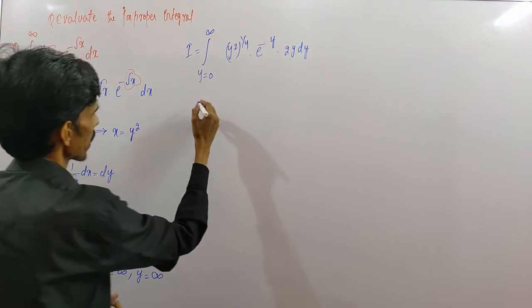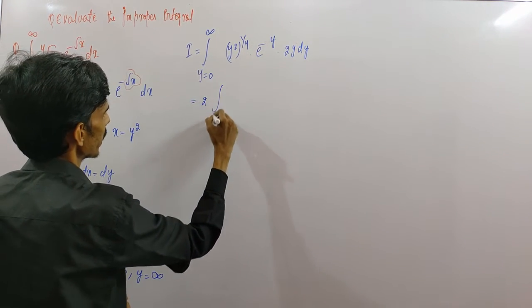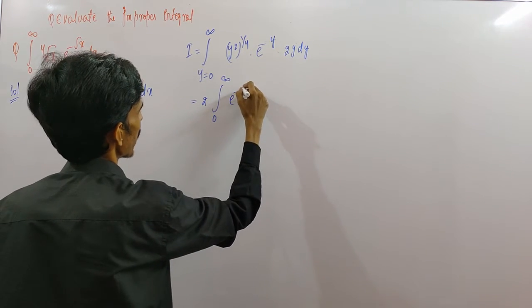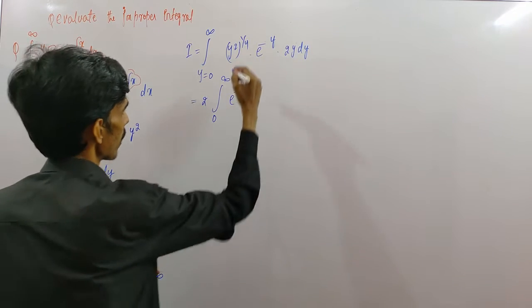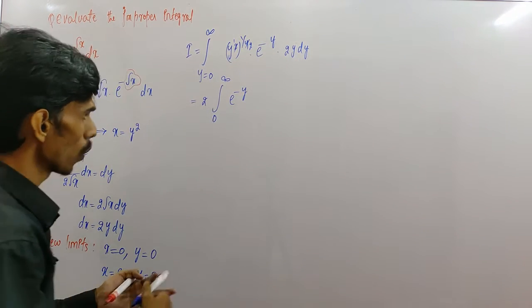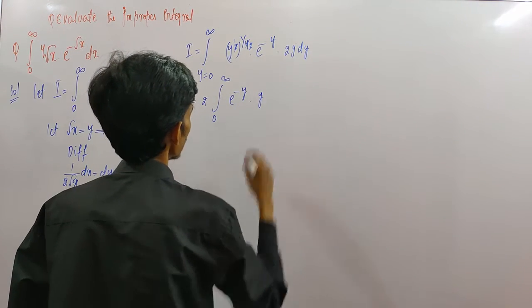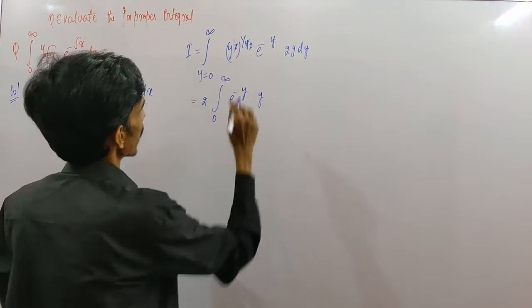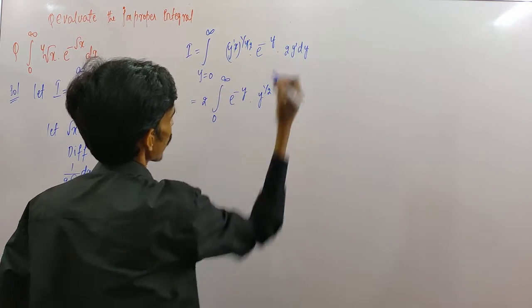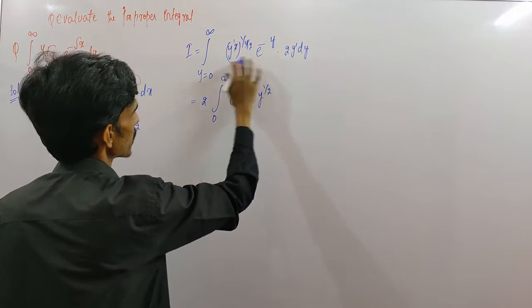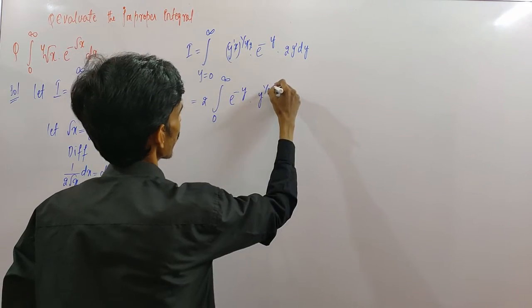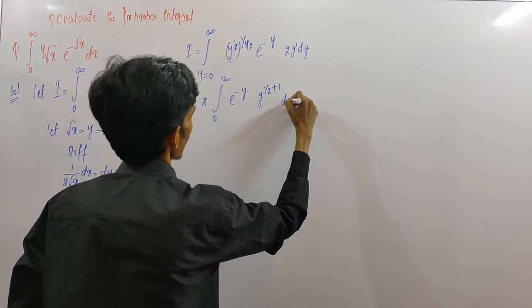Now take 2 outside the integration. We have 2 integral 0 to infinite e power of minus y, then y power of 1 by 2 into y power of 1. For this, bases are the same, so powers should be added. So 1 by 2 plus 1, dy.